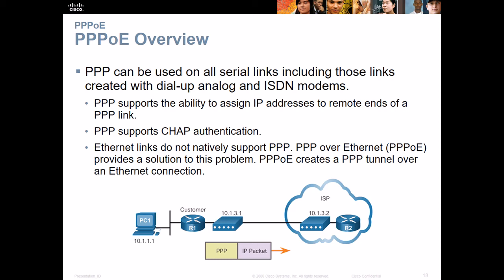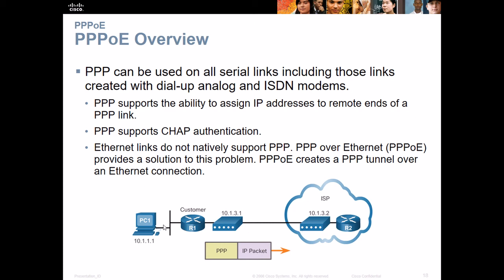So PPP is used on all serial links. Remember, PPP is the one being used between two directly dedicated wires. When you have a DSL connection, for example, you will use PPP to send data from one end to the other.